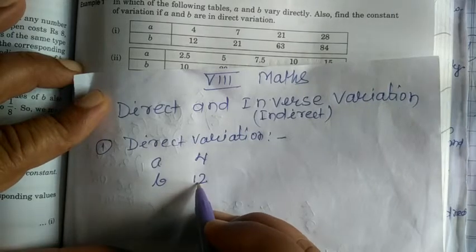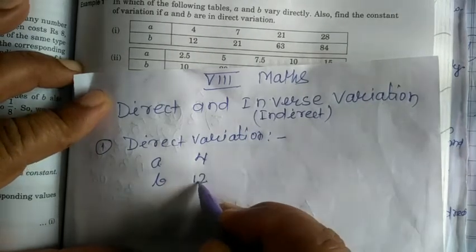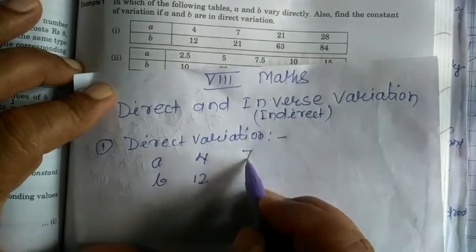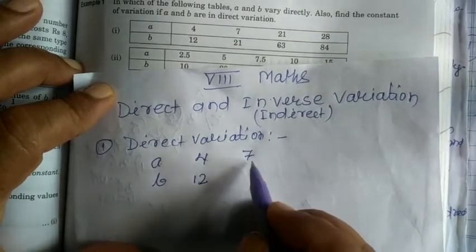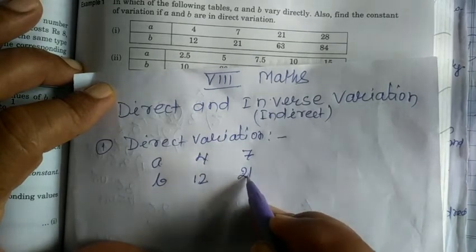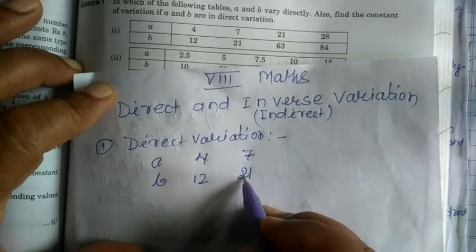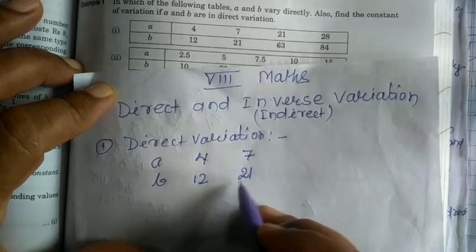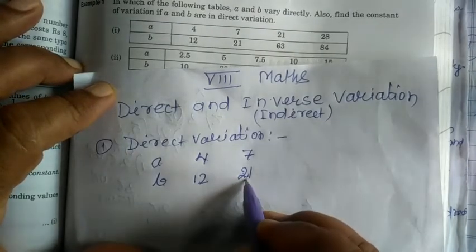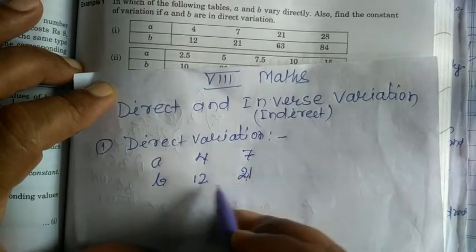The value of B is 3 times the value of A. If we increase A to 7, in the same manner B will be 21. The second value of the second variable is 21 here, correct?